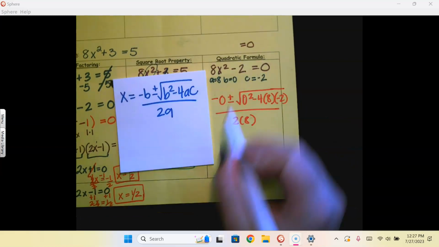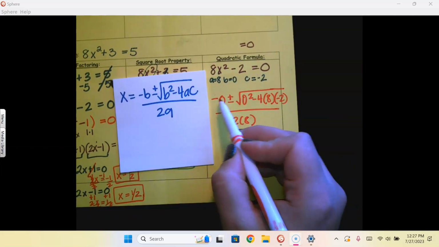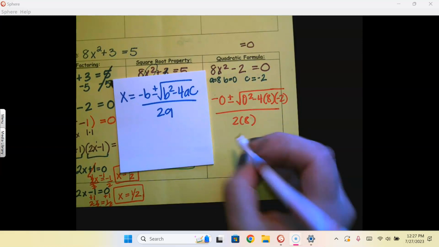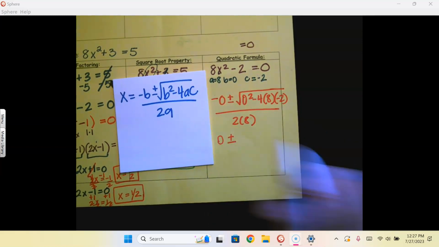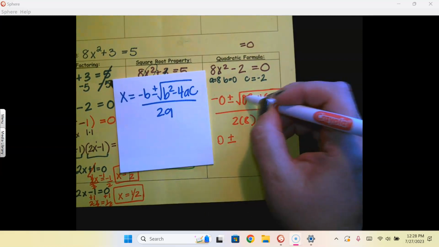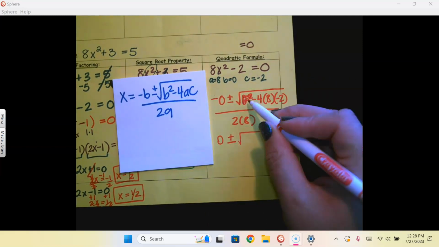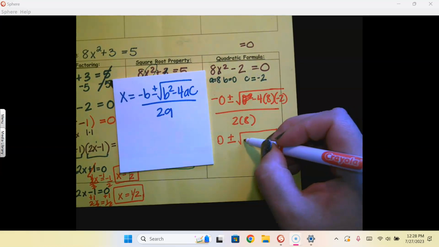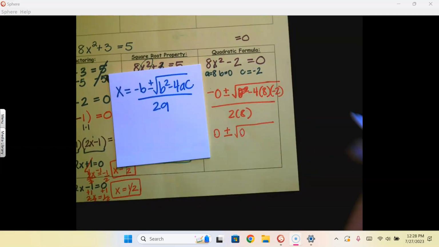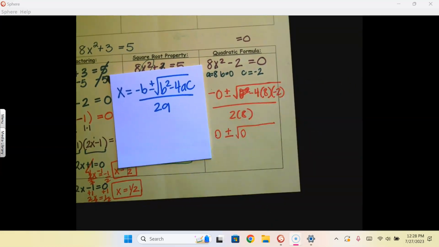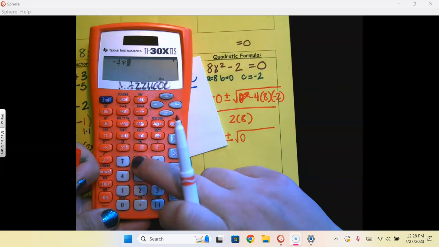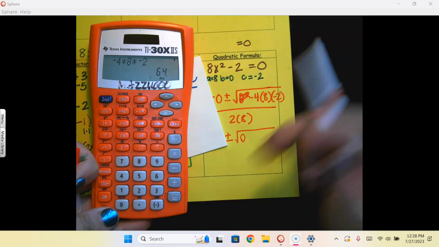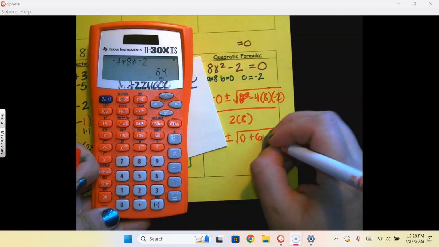Okay, so we have, wherever the zeros are here, -0, that's just saying there's nothing there. So I can just put plus or minus. If you want to put that 0 there because it bothers you, that's fine. And then 0 squared, that's just going to be 0. So I can just not put anything, but if it bothers you, we'll put a 0 there. And then here we're going to enter that in as -4 times +8 times -2, which is +64.